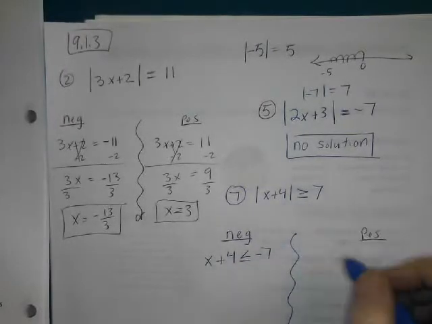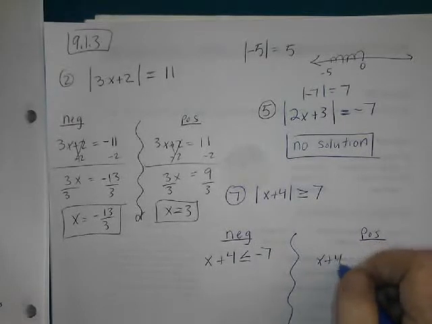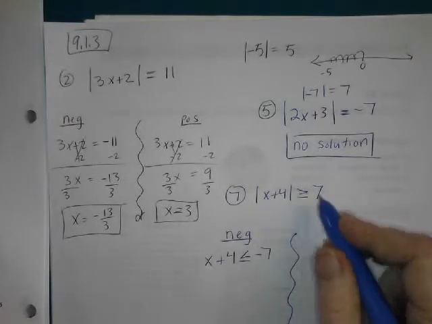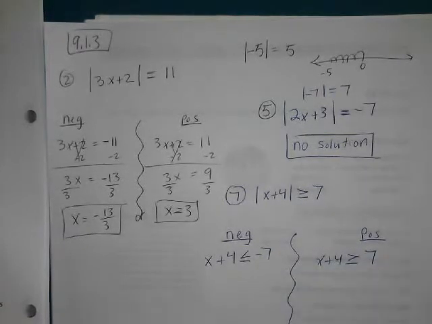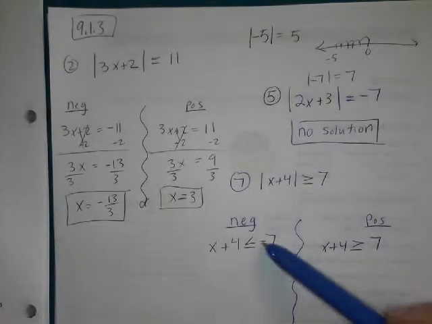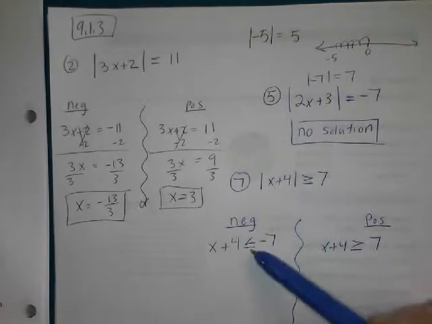Now you can read in your book if you need to know more about why we did that. I'm just showing you how. You reverse the inequality symbol, make the right side negative, and then you solve it.